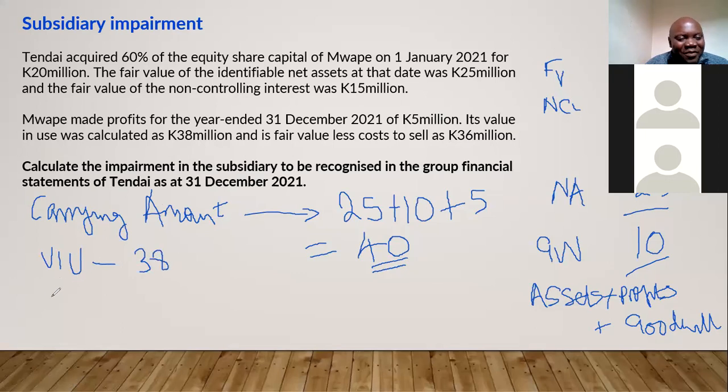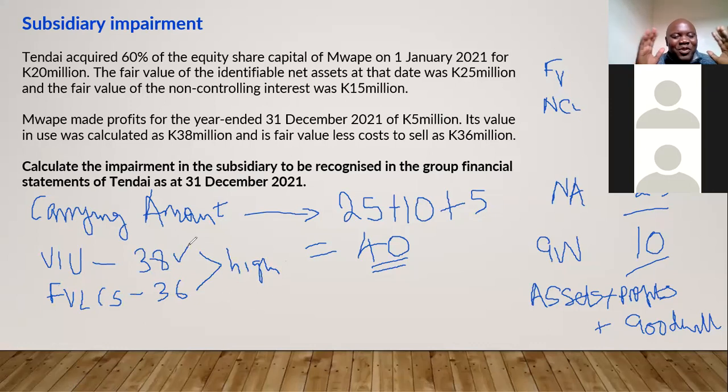And we are told the fair value less cost to sell is 36. The standard says we pick whichever of the two is higher. In this case, we are going to pick 38. That's the value in use for your company.